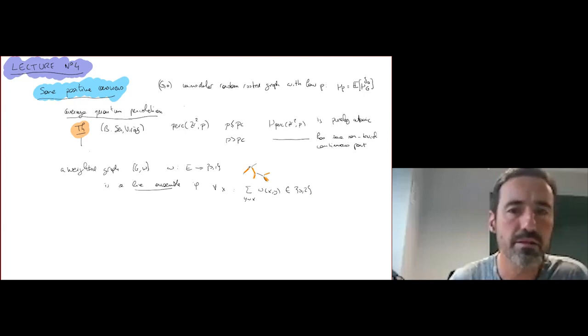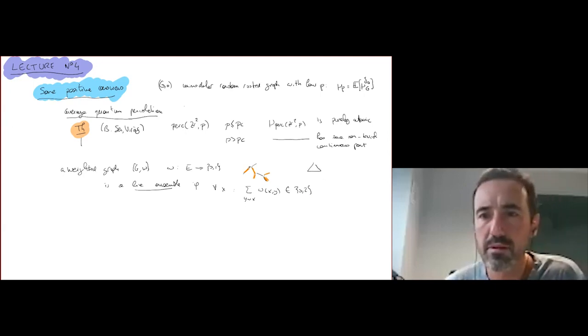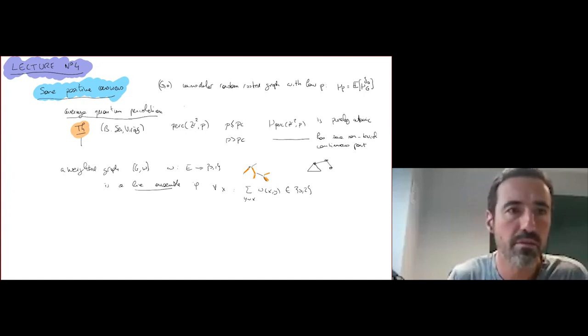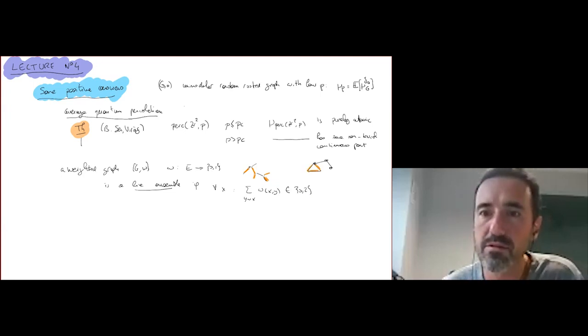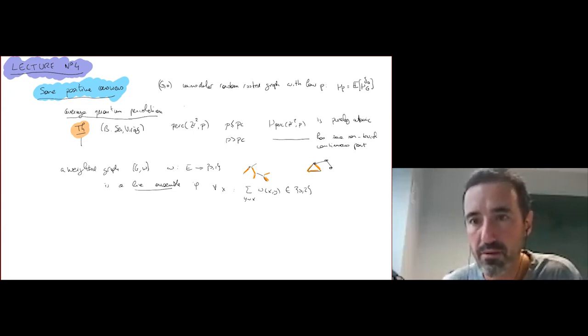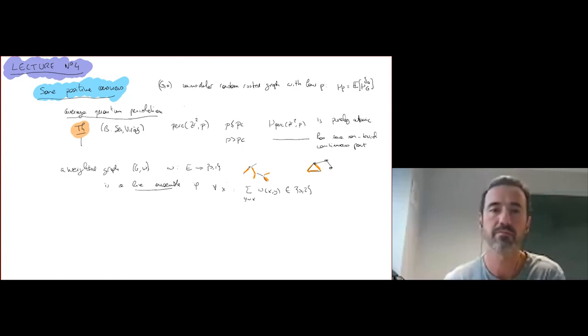Maybe a picture. For example, a line ensemble would be this graph here. If I put to 1 these three edges, and the rest is 0, this defines a line ensemble because for any vertex, if I sum the number of edges which I keep in my ensemble, it sums to 2 if I am on a line, or 0 if I am not.